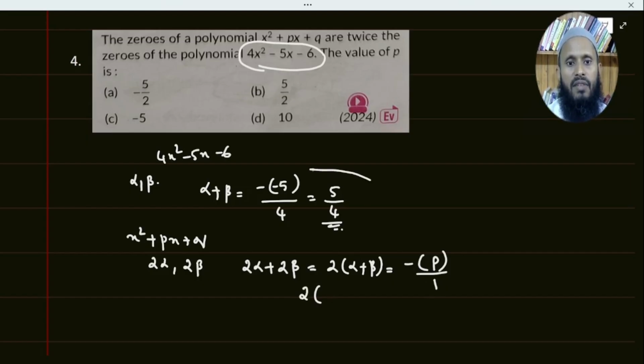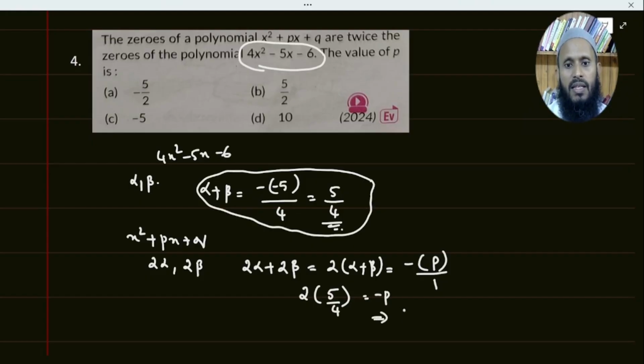But alpha plus beta we have already calculated from the earlier equation. So that value we will input here. So 2 into 5 by 4 will be equal to minus p. This implies p will be equal to minus 10 by 4, which is equal to minus 5 by 2. So that will be our answer, option A. We'll move to the next question.